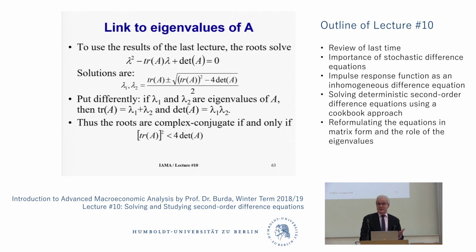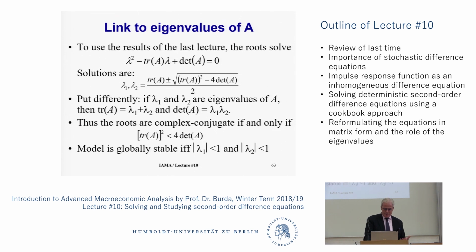Now, I'm not going to ask you to do this, but you should know that there's a correspondence. You could do it in the AR univariate form, and to the extent that you can write the model's solution as a univariate of order 2, you have the same answer. So you have stability defined by the eigenvalues, whether they're inside the unit circle or not.